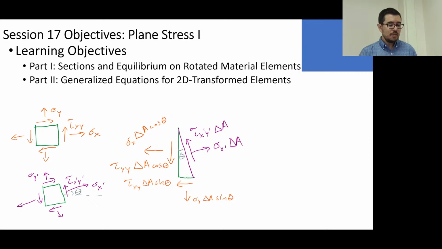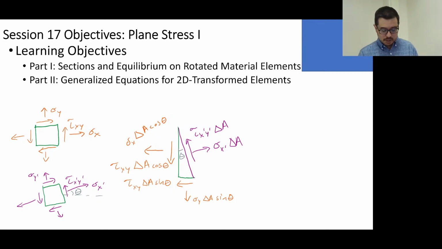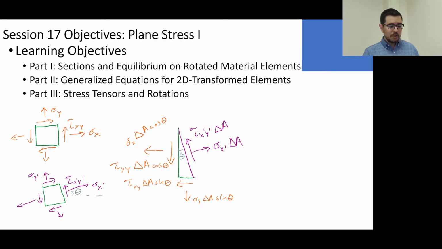Then we'll introduce these generalized equations for 2D transformations. Essentially, coming up with a way so you don't have to do part one every time, although I expect that you can do what we talk about in part one. Then you could check using information in part two, and then finally we'll talk about stress tensors and rotations.